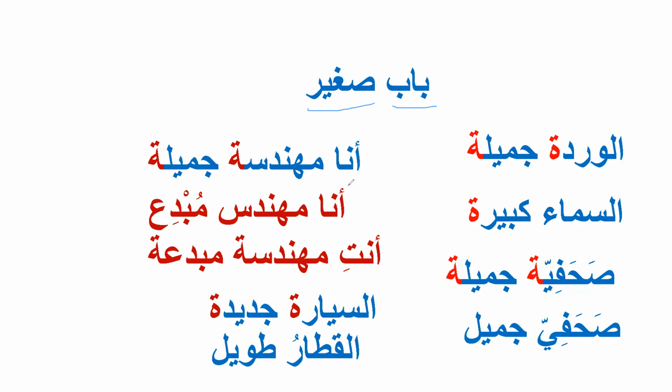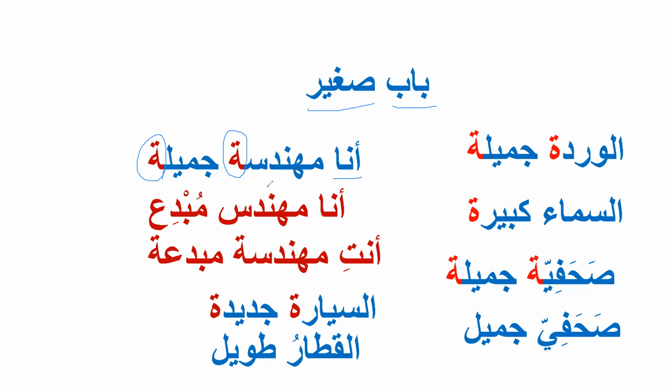Here we have أنا مهندسة جميلة. أنا means I am, مهندسة, see, we put تاء مربوطة here, and here we put تاء مربوطة. أنا مهندسة جميلة means I am a beautiful engineer.